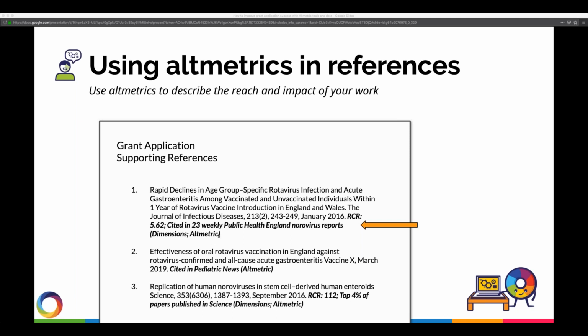It's based on the Altmetric attention score, which we saw in the Altmetric donut in some previous examples. So that is how this data can be used in both building narratives and in references. And I'm going to hand it back over to Josh to talk specifically about using Altmetric's tools to retrieve this data.